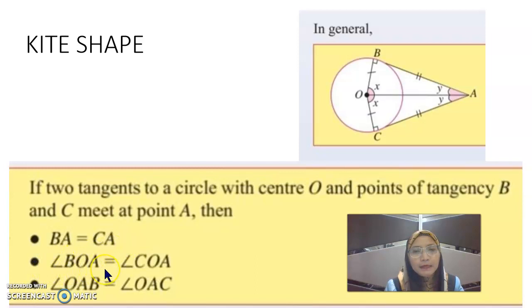Angle BOA, that is X, is equal to angle COA. Angle OAB is equal to OAC.